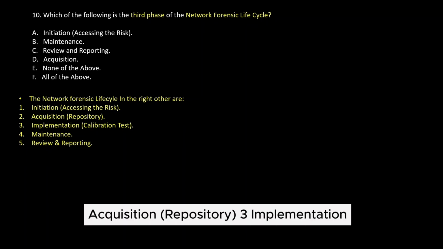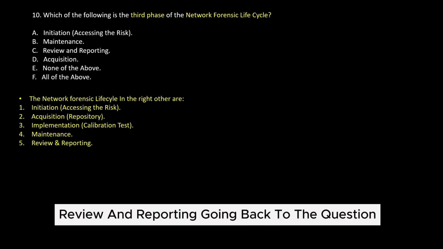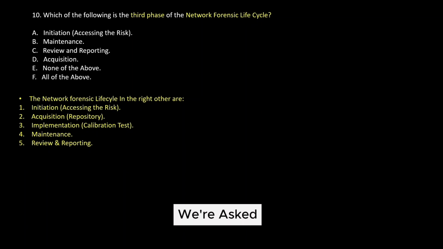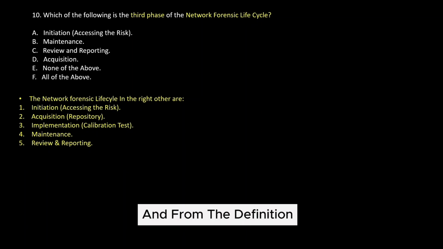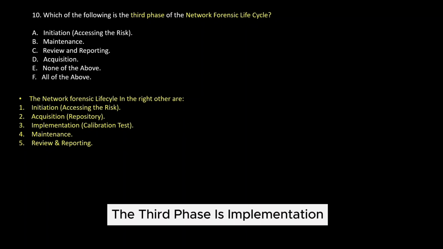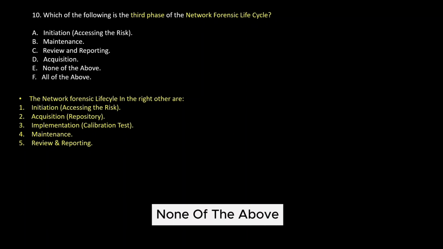Acquisition, repository. 3. Implementation, calibration test. 4. Maintenance. 5. Review and reporting. Going back to the question, we were asked the third phase of the network forensic life cycle. And from the definition, the third phase is implementation. Are we given that in the options? No. So the correct answer to this question is option E, none of the above.